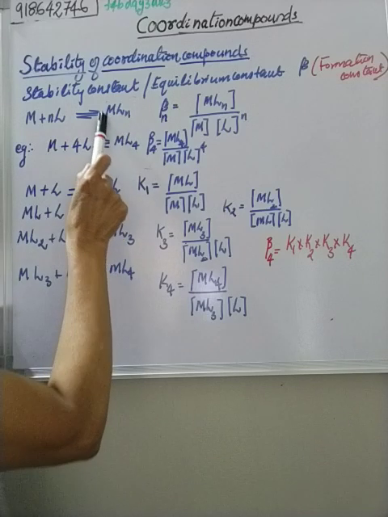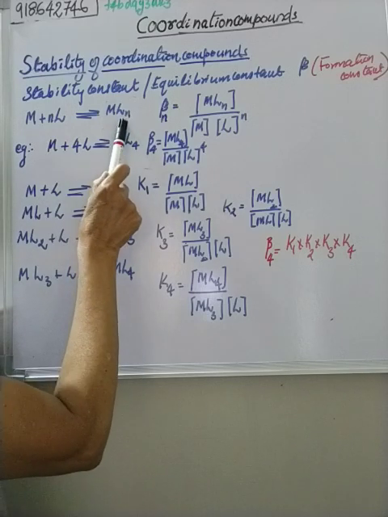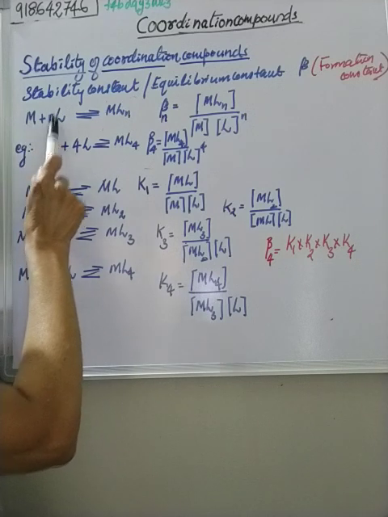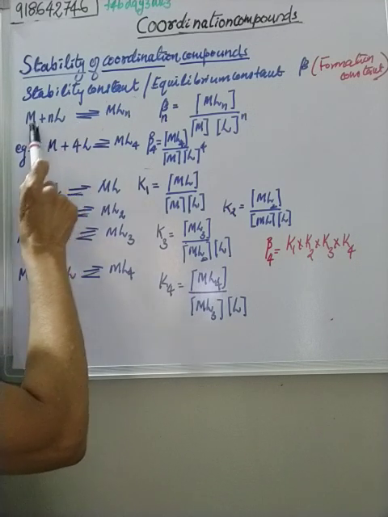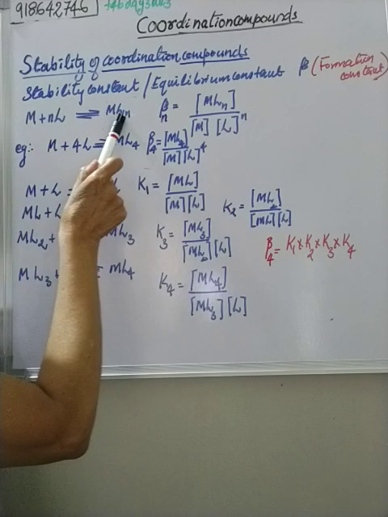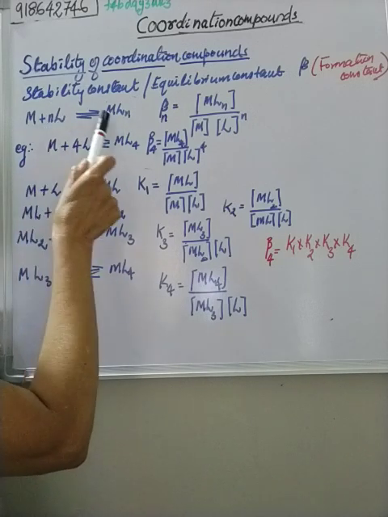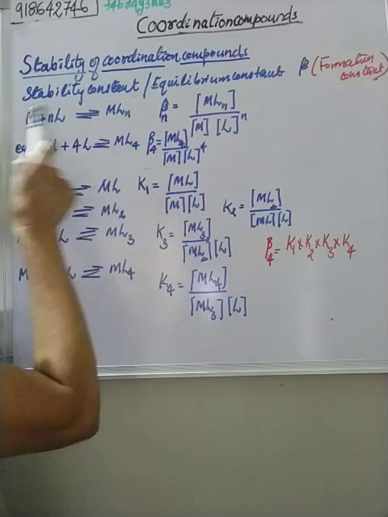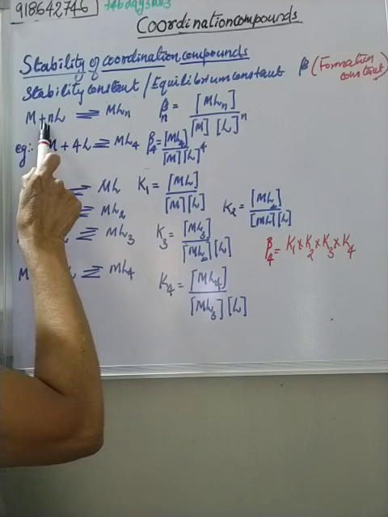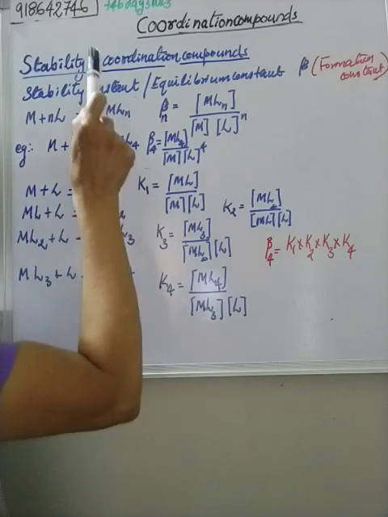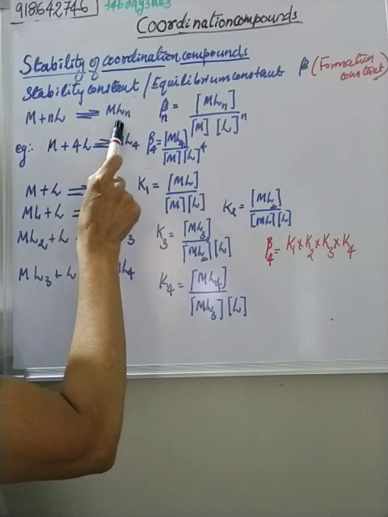And in this, since the complex formed is stable, we know the concentration of the metal ion and the ligands in this equilibrium will be very less. That is, dissociation or the reverse reaction will not be taking place to a large extent, or the equilibrium will be lying far towards the right. That depends on the stability of the complex.